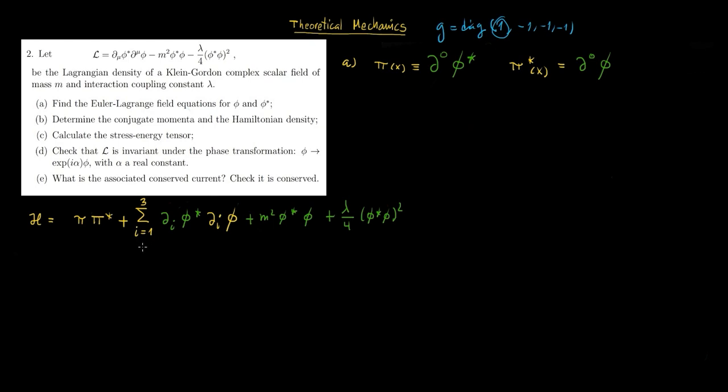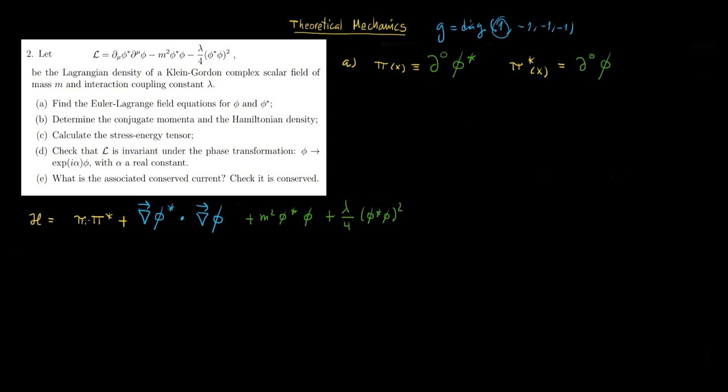This summation is needed because the Einstein criterion says that to perform a summation you must have a downstairs index and an upstairs index. So if you have two indices upstairs, you need to put a summation. Now this is the definition of the scalar product of gradient phi star, gradient phi. This is the Euclidean dot product.